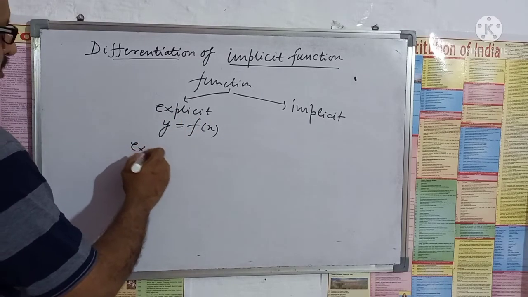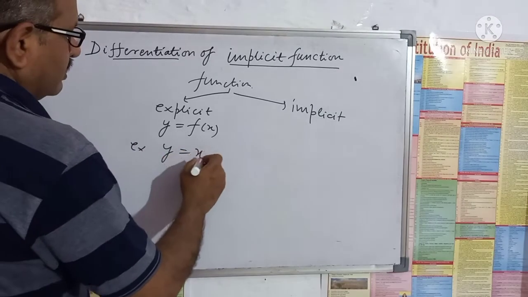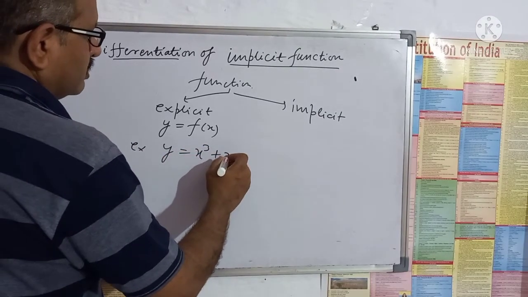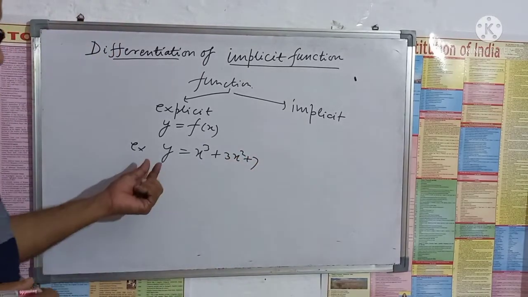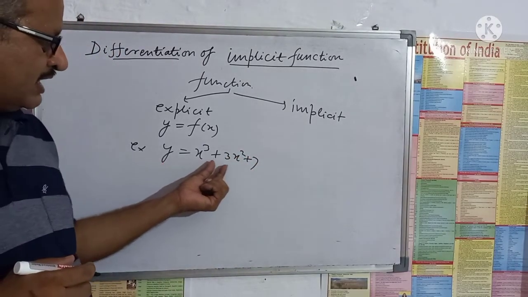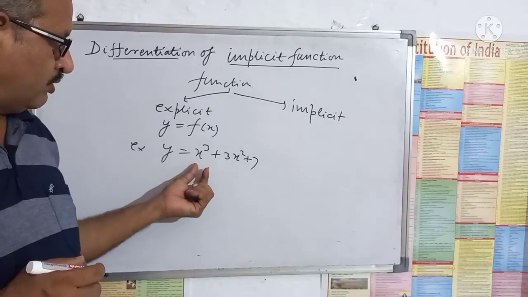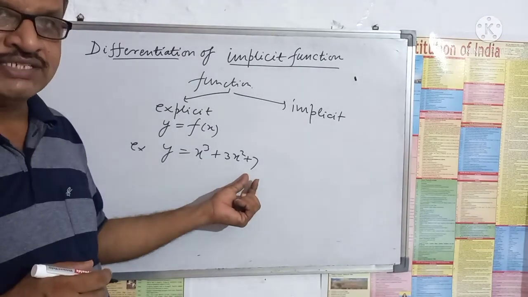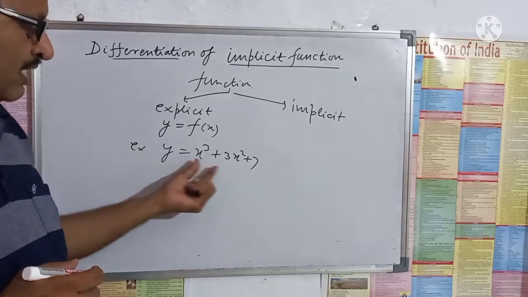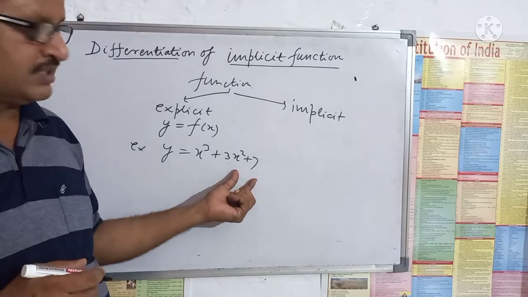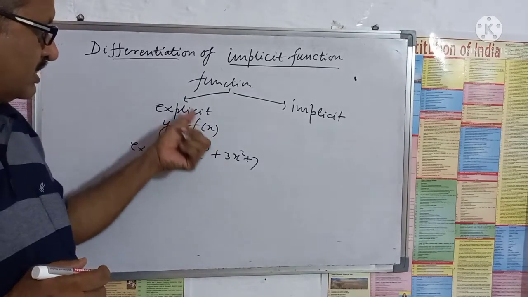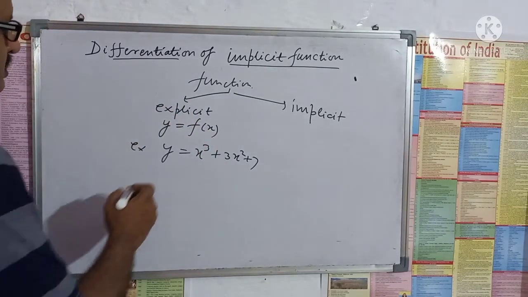See example, suppose y is equal to x cube plus 3x square plus 7. Here we see that y is completely expressed in terms of x. No y is there on the right side. So y is purely expressed in terms of x. So this type of function is called explicit function.